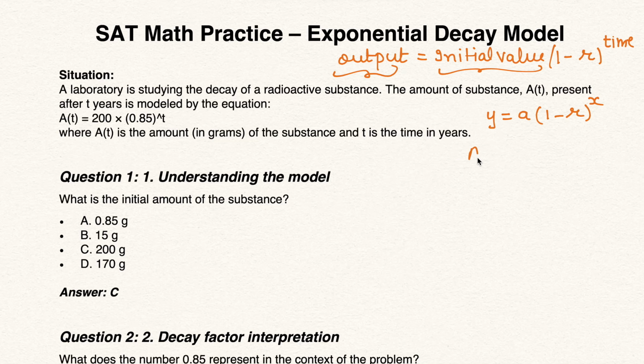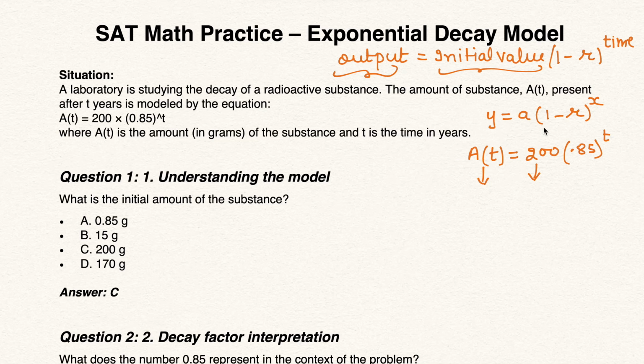And in this equation, it is written as amount after time t is equal to initial value, which is 200, times 1 minus r replaced with decimal 0.85, raised to the power t. So this is the initial value, this is the output. That means after this many years, this much radioactive substance we have.